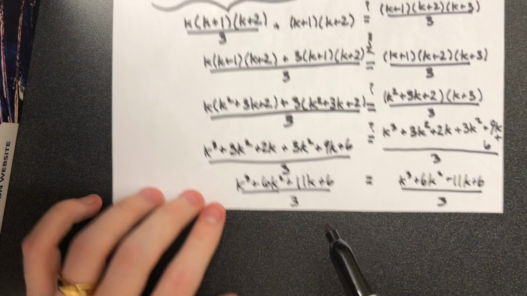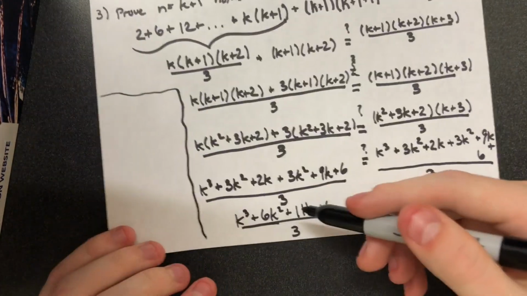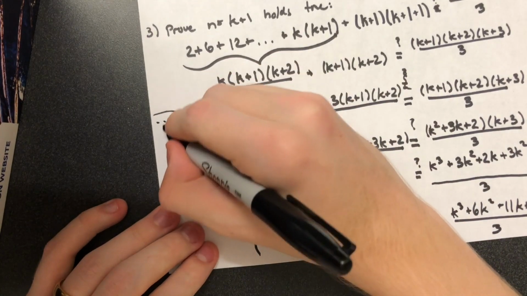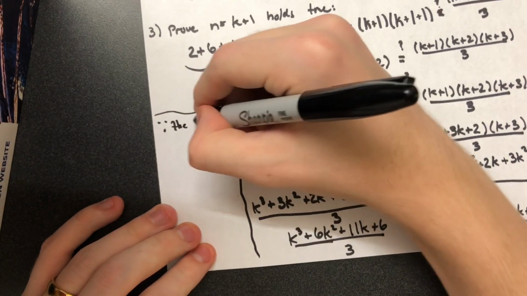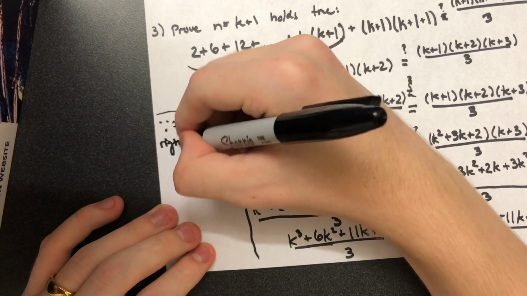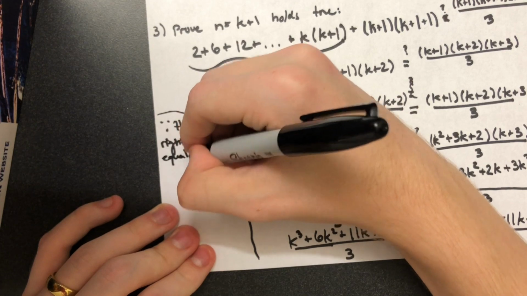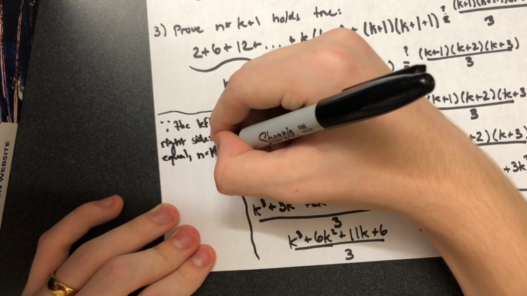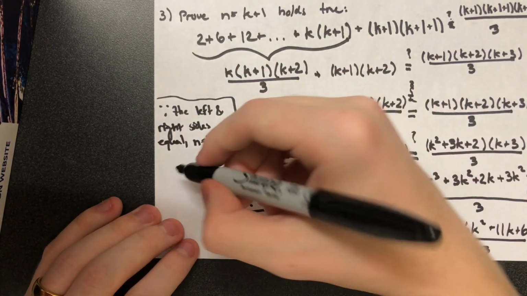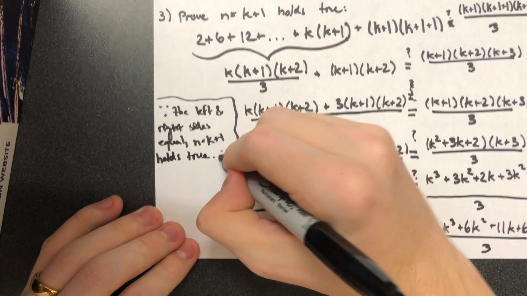Alright, so now that the left and right sides are equal, I'll end the proof over here. So, because the left and right sides equal, n equals k plus 1 holds true.